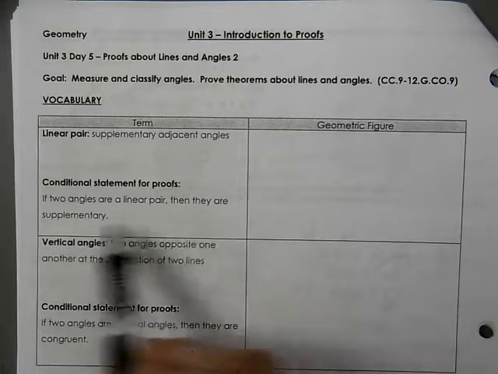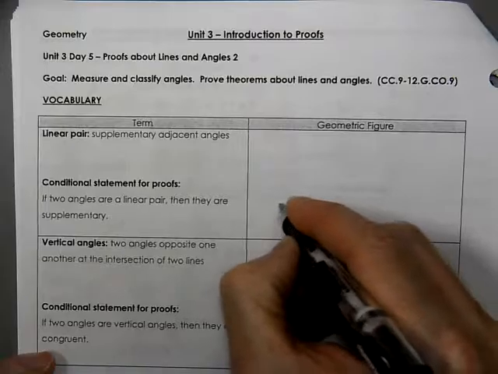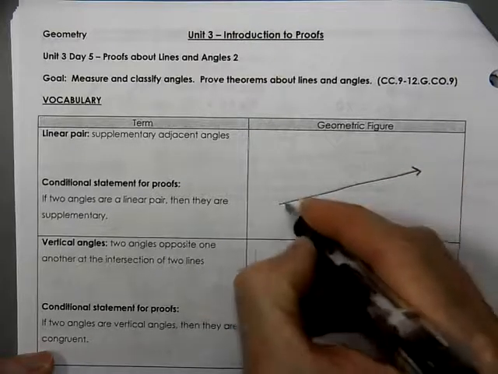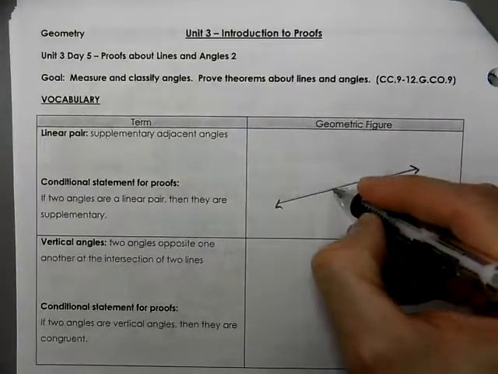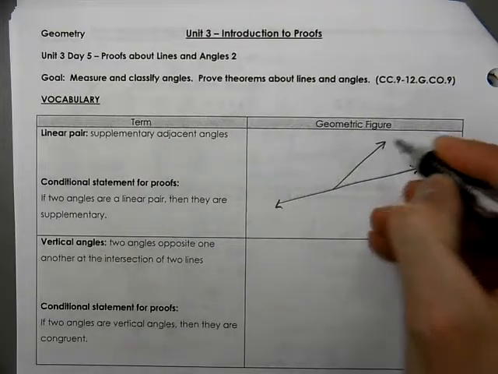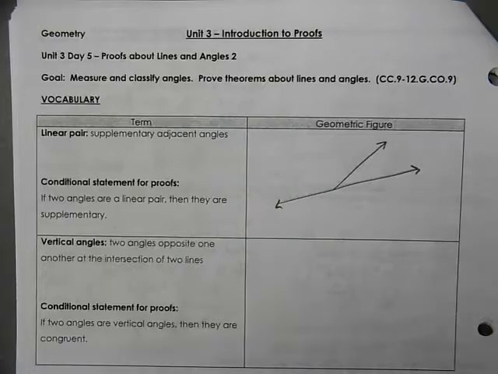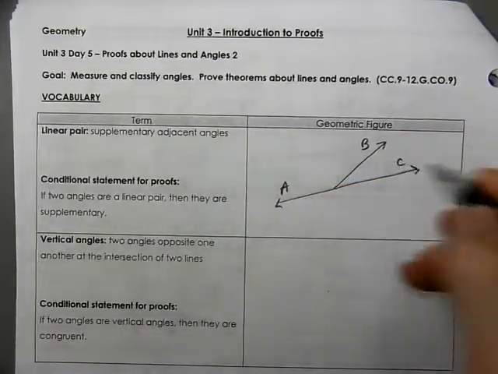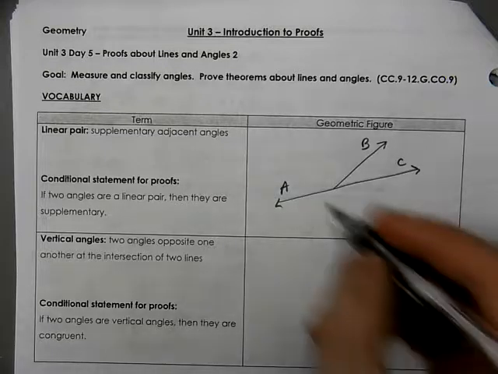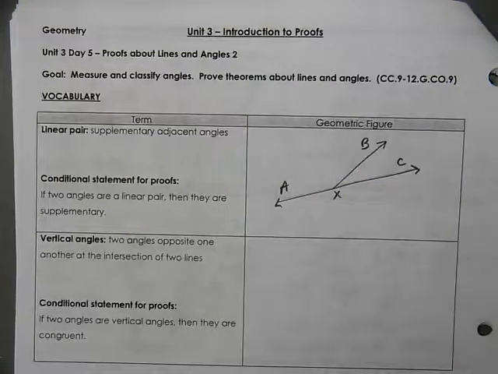If two angles are a linear pair, then they are supplementary. So if we have a straight angle and we break that into two pieces, we could label those angles with some letters out on the rays and label the vertex.